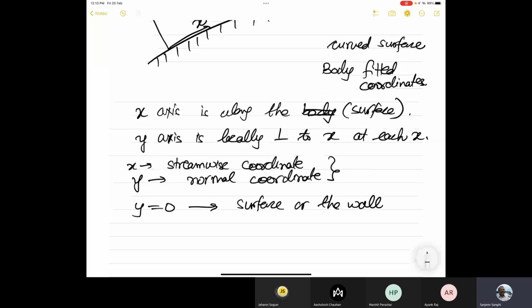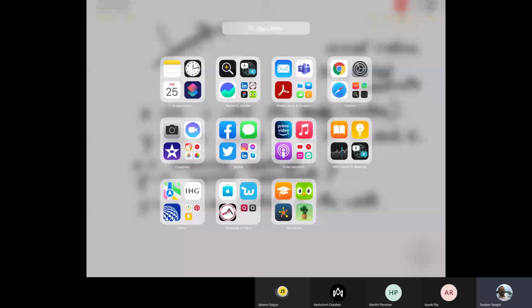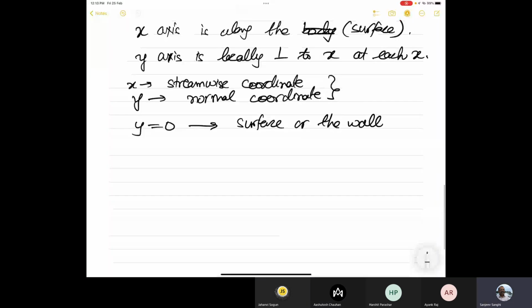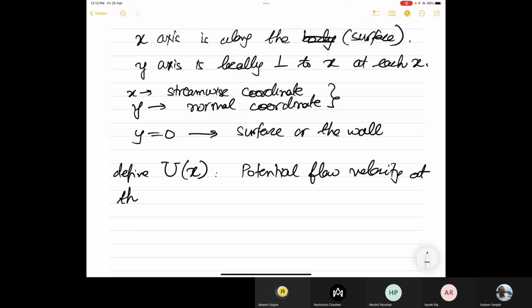Now, let's make some notations. We define in boundary layer terminology, capital U of x as the potential flow velocity at the wall.